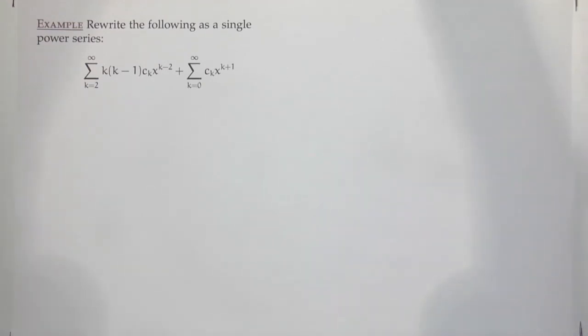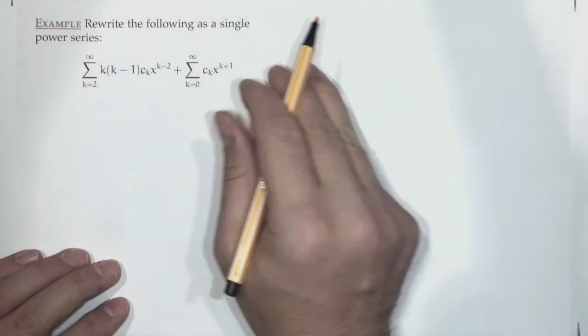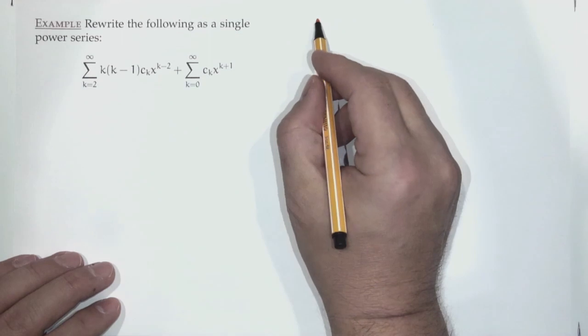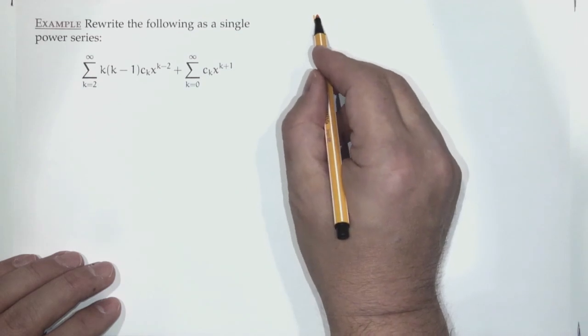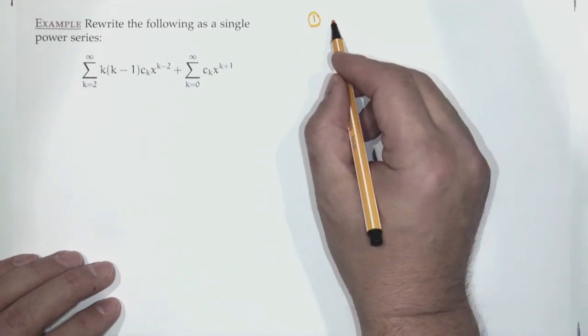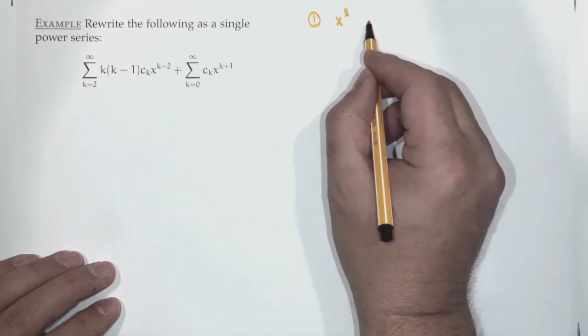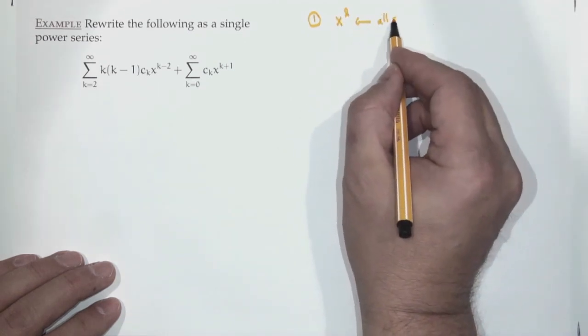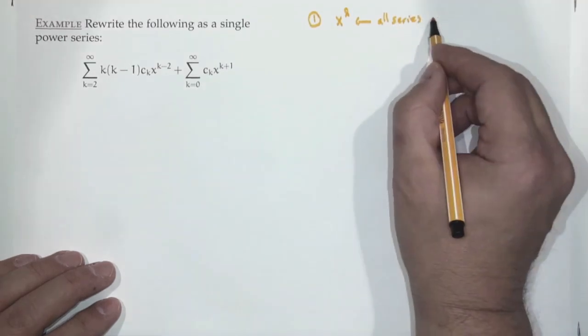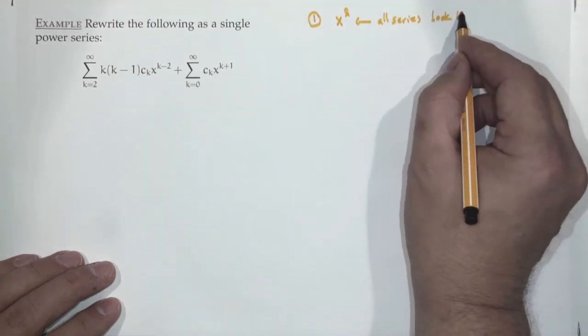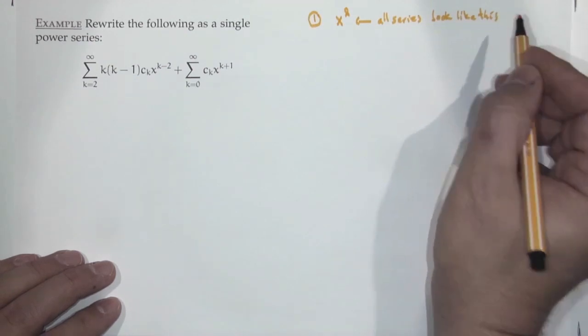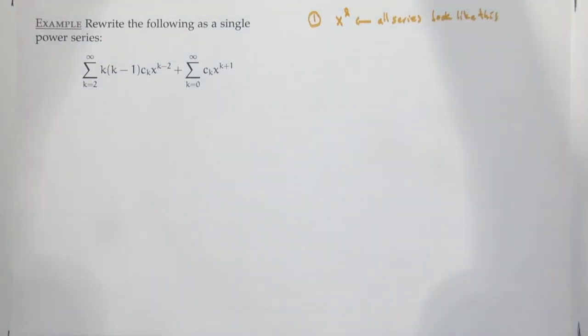Well, here's my approach. When I'm looking at a problem like this where it says combine things, write things as a single series, in the back of my mind, I say step one, I want everything to have the same x to the L. I want all my series to look like this. So the first thing I worry about is taking care of any shifting of indices.